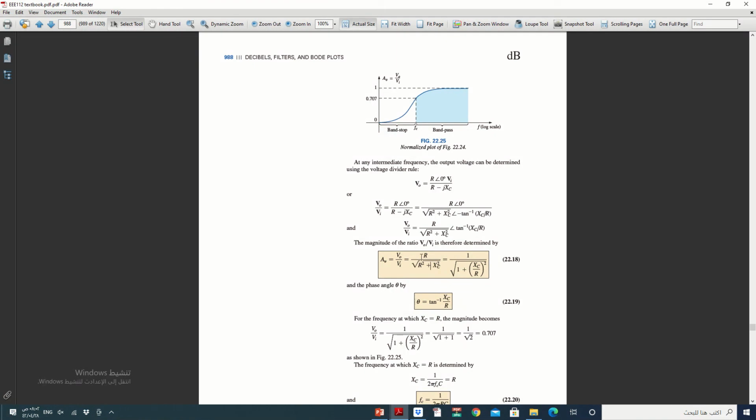If we divide by R, we will get 1 over root 1 plus (XC over R) square. It is opposite from the low pass filter.